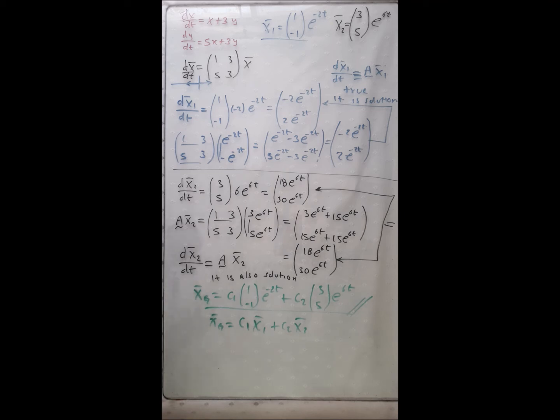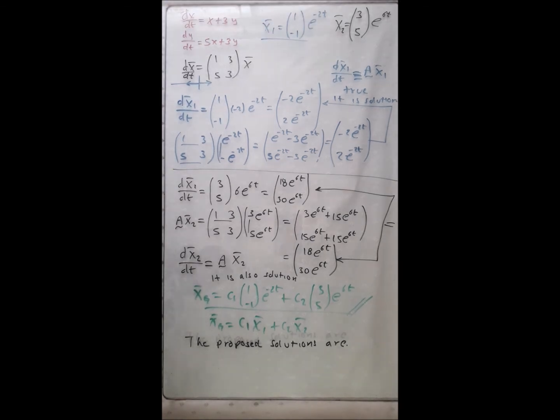In the next video we are going to see how to find x1 vector and x2 vector. What I can tell you from now is that the proposed solutions are like these, engineers. We propose the solutions to be a vector times an exponential.